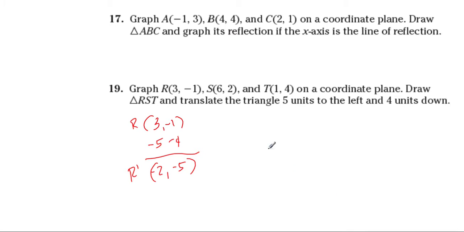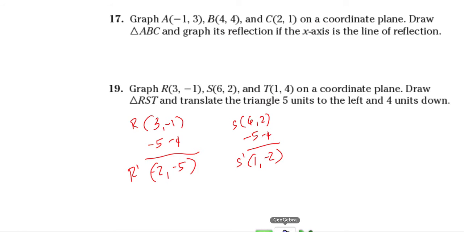If you do the same thing with S, which is 6 and 2, we subtract 5 and subtract 4, we now have 1 and -2, and this becomes our S prime.